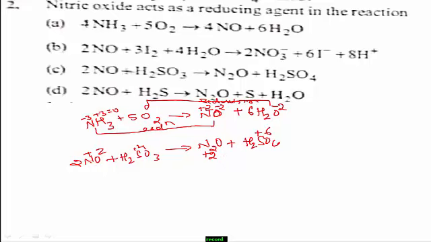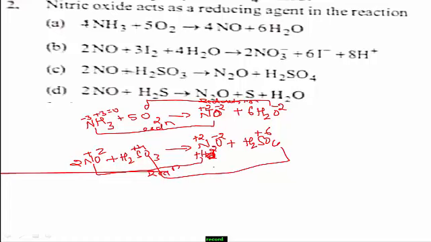Here the oxidation state of oxygen is -2, then N2 value is +2, but for only one nitrogen the value becomes +1. Therefore, a decrease in the oxidation state indicates reduction, and here the +4 oxidation state of sulfur changes to +6, an increase in the oxidation number, which indicates oxidation.